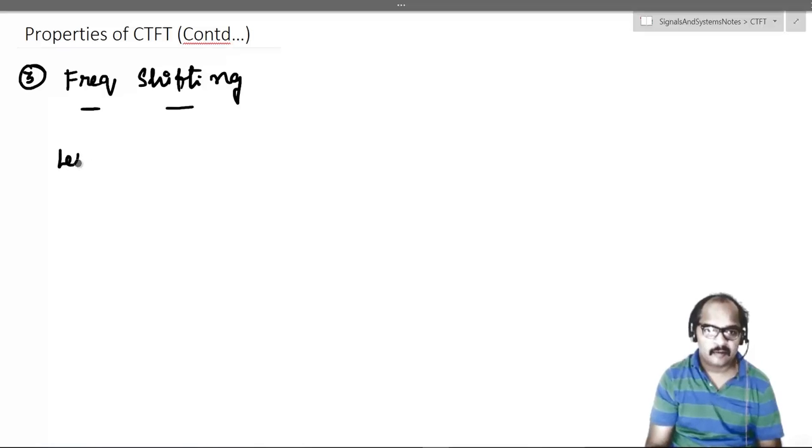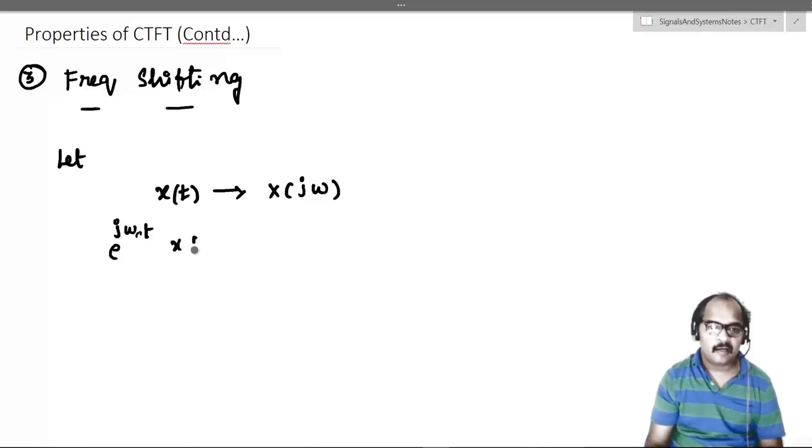Let x of t have x of j omega as the Fourier transform, then e power j omega naught t x of t. Let us call this signal x1 of t. What have we done here?